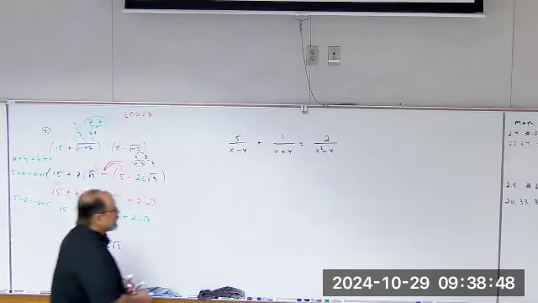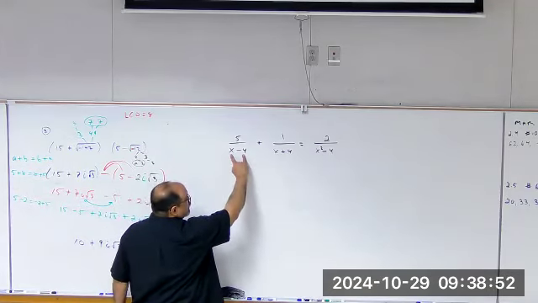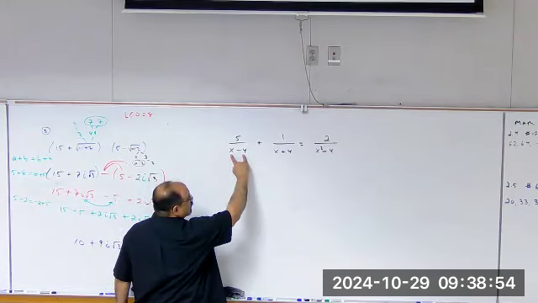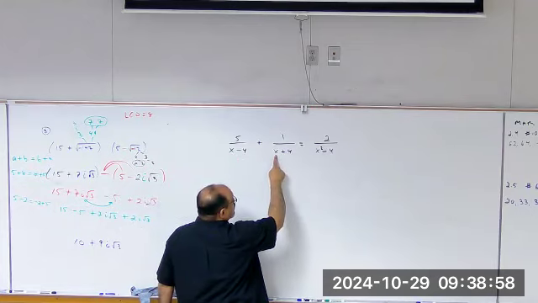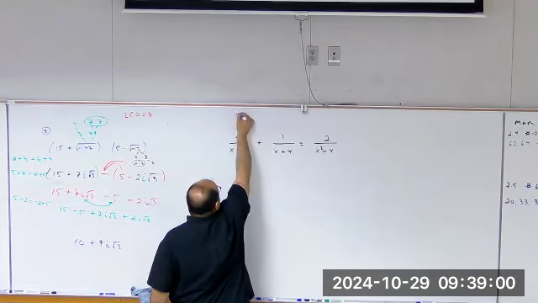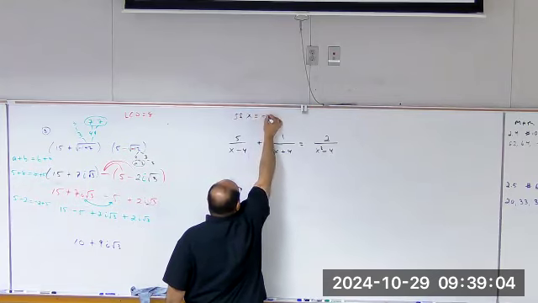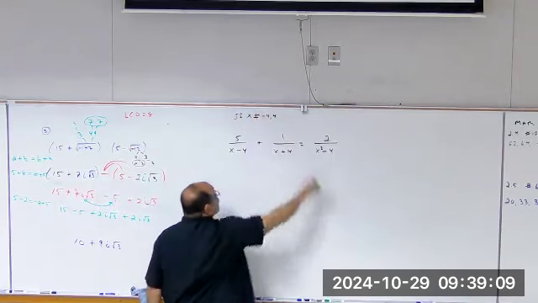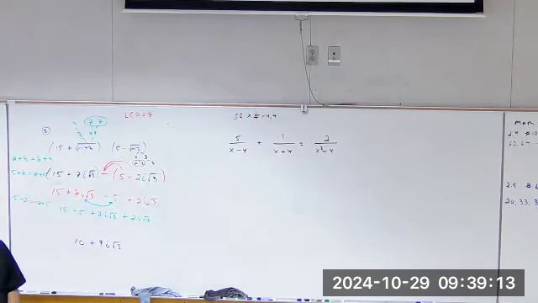So just be aware, what x would make this denominator 0? Positive 4, and what would make this one? So if we get an x equal to a negative 4 or a positive 4, we would have to throw them out. And that's just thinking ahead, just in case.